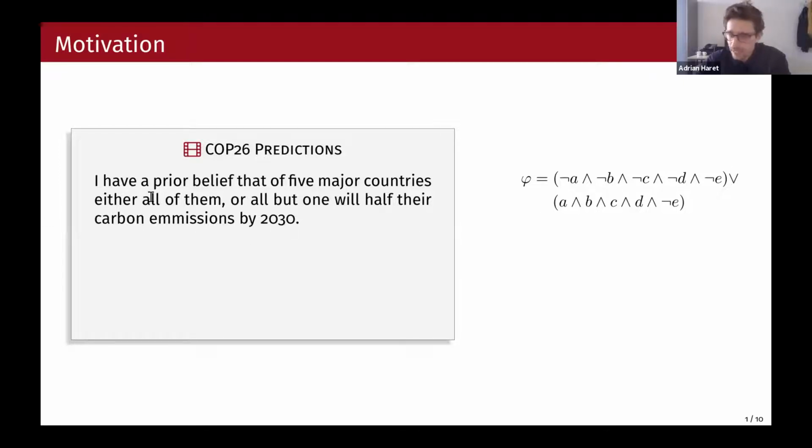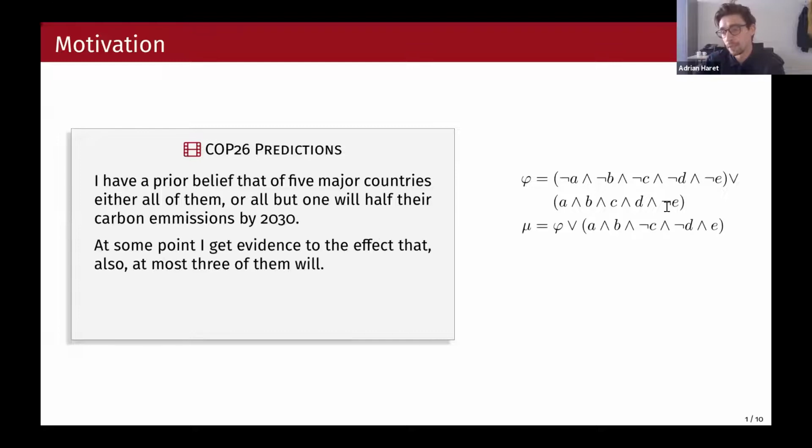So I made a little mistake here, either none of them, right? So this first disjunct in phi is that none of them will meet their emission requirements by 2030, or all of them except the US. This is my prior belief, say, based on reading reports.